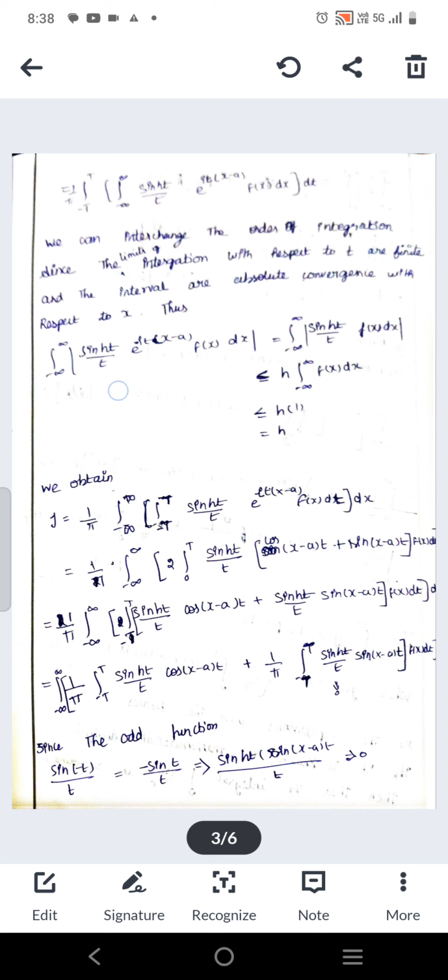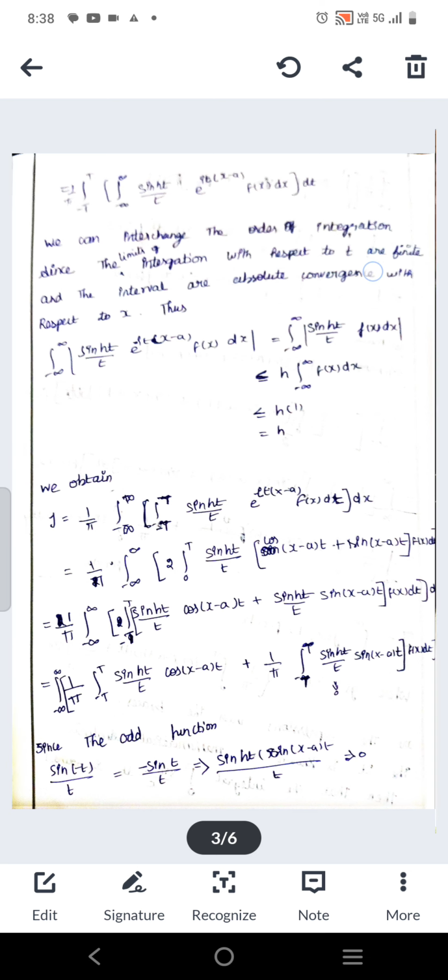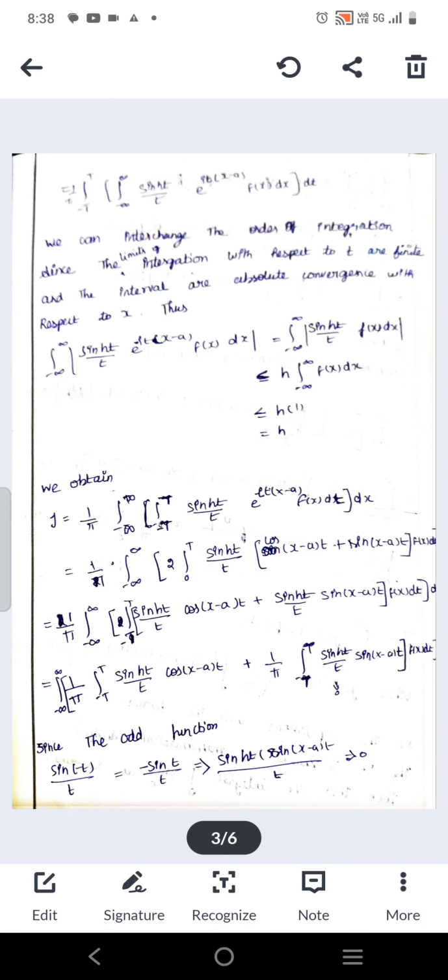Next, since the limits of integration with respect to t are finite, we can integrate with respect to t and that term becomes finite. And another point: the integral is absolutely convergent with respect to x.